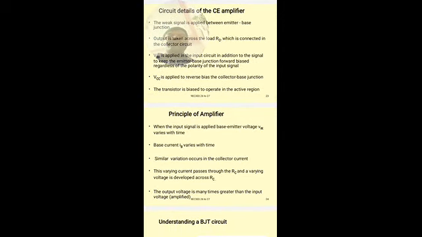Since the base current is varying, the collector current also varies, because the collector current depends on the base current. When the base current varies, similarly the collector current also varies with the time.